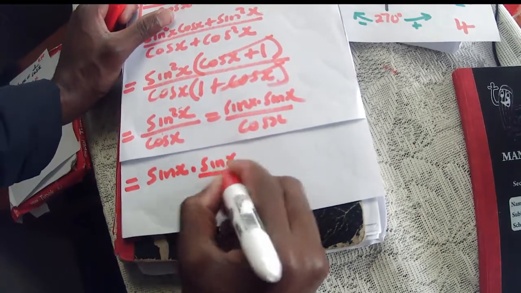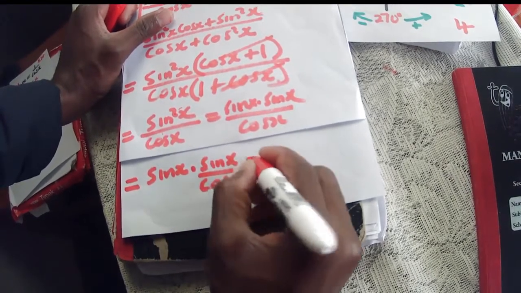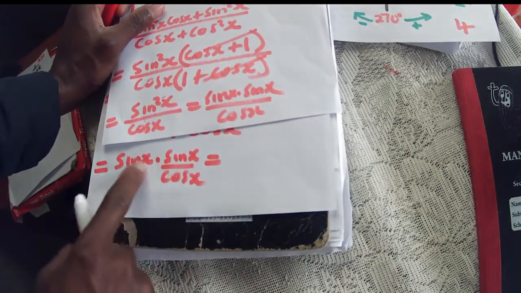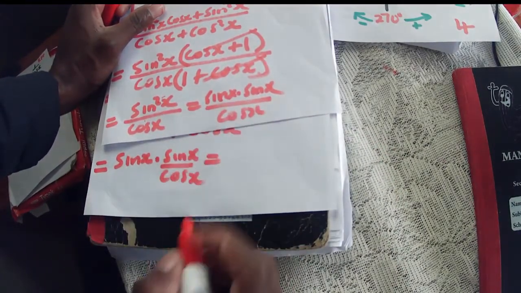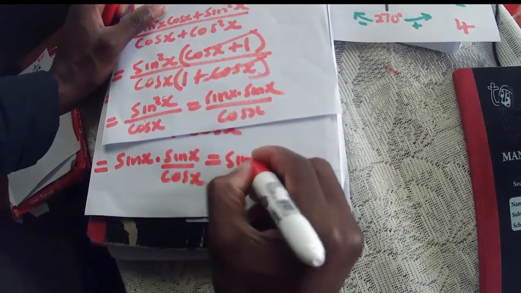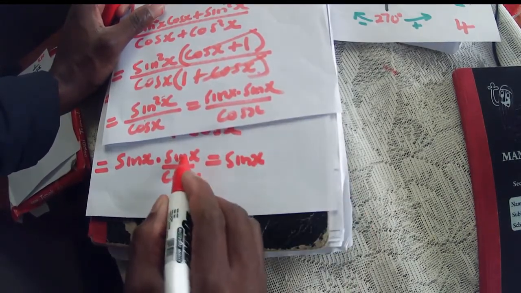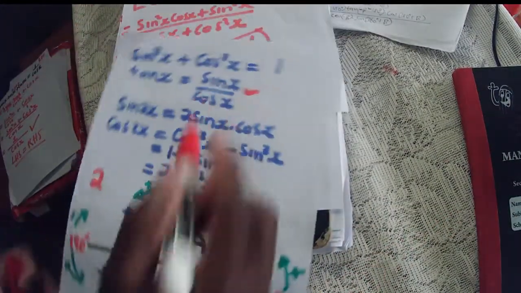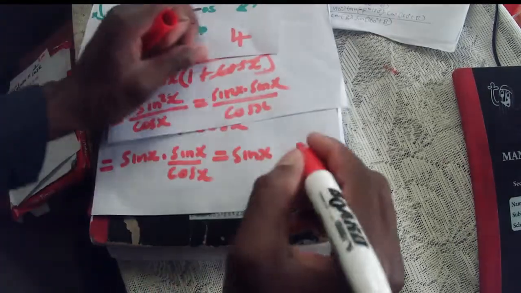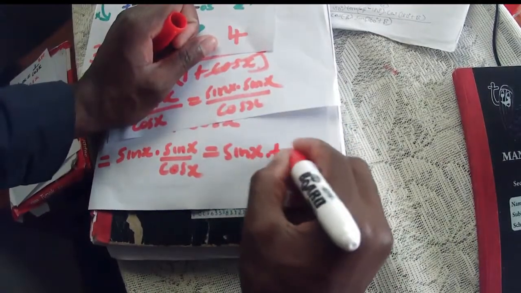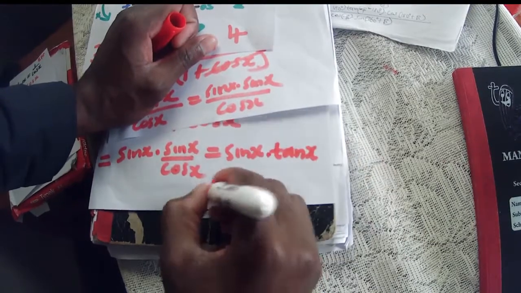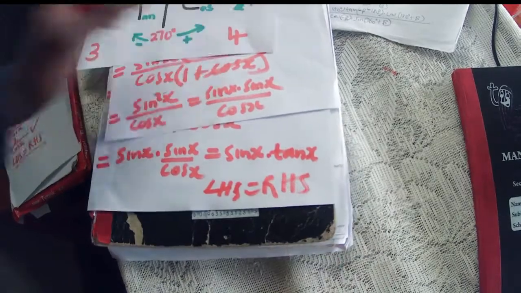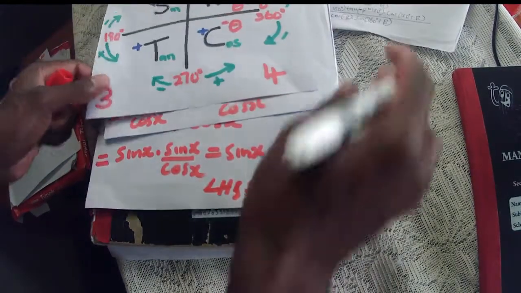Sine x over cos x is equal to, so you can see that this is the same as that. Sine x over cos x, we have seen that is the identity of tan, so multiplied by tan of x. So the left hand side is equal to the right hand side. Proven. So this is how, guys, you go about it.